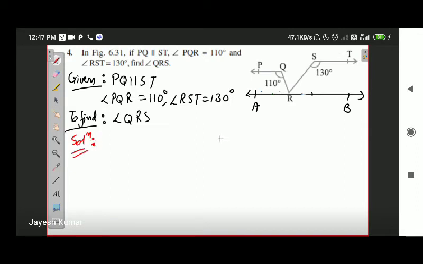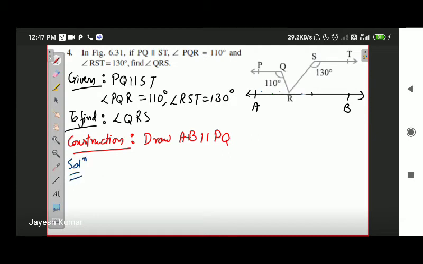Okay, so before the solution, we have to write down the construction. Construction: draw AB. I'm making AB parallel to PQ. Now solution.